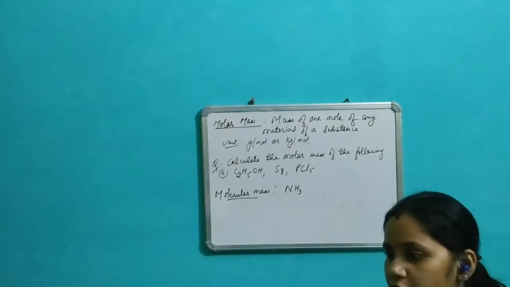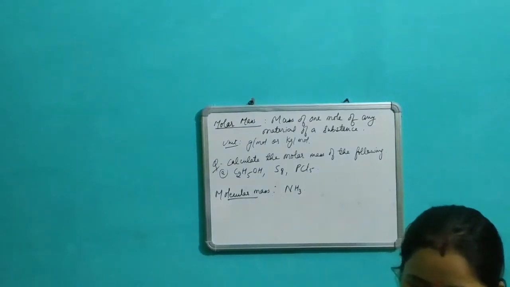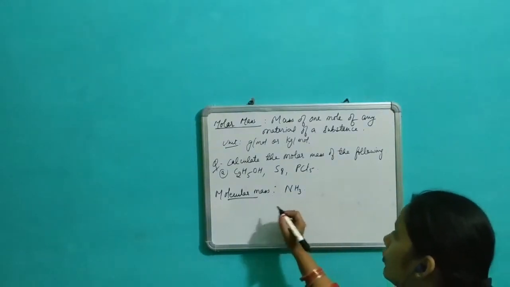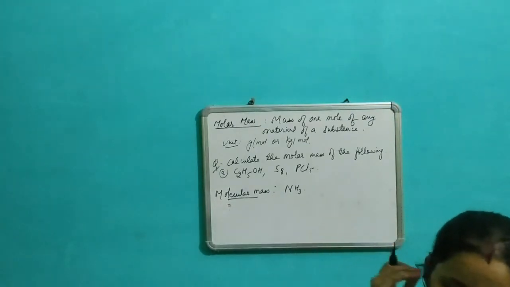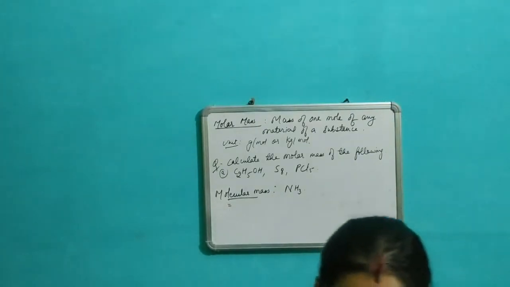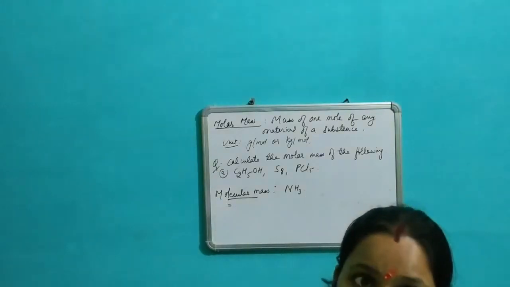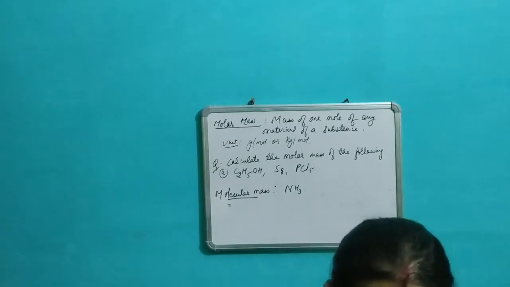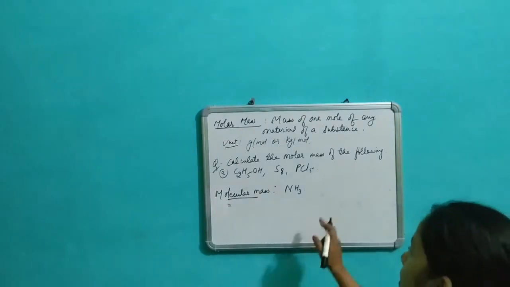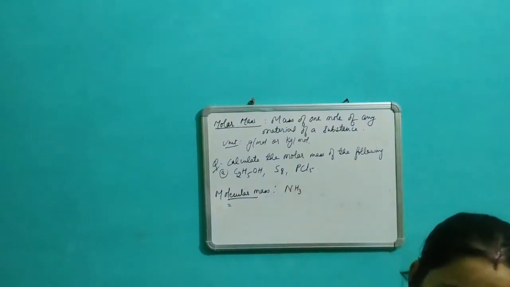I repeat, the molecular mass of any substance can be obtained by adding together the atomic mass of all the atoms present in one molecule of the substance.